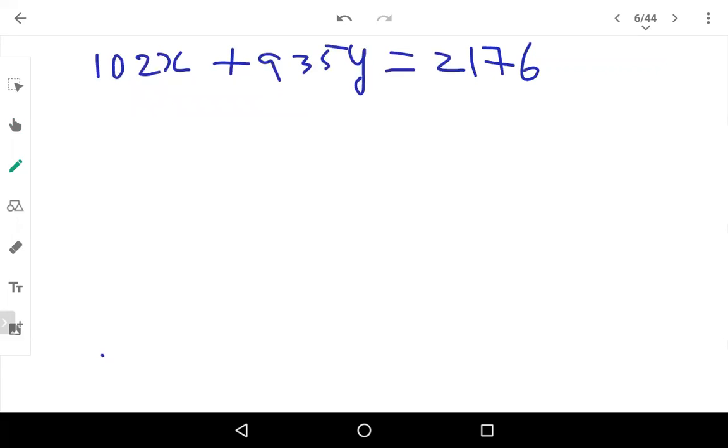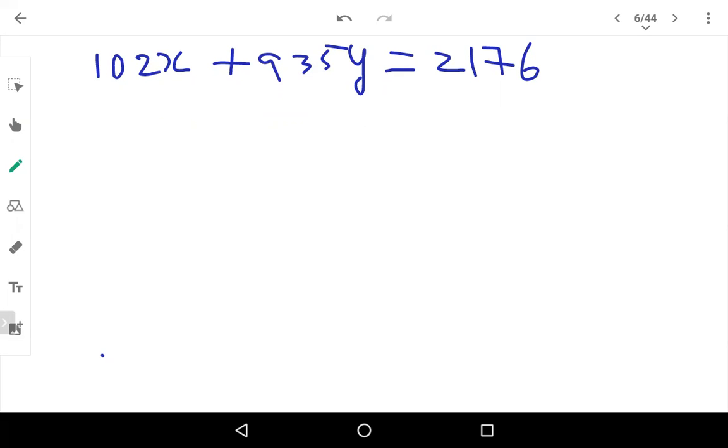Now 6x into 17 will give me 102x plus 55y into 17 will give me 935y is equal to 128 into 17 is 2176. When I multiply the equation 3 with 17, I get these numbers.